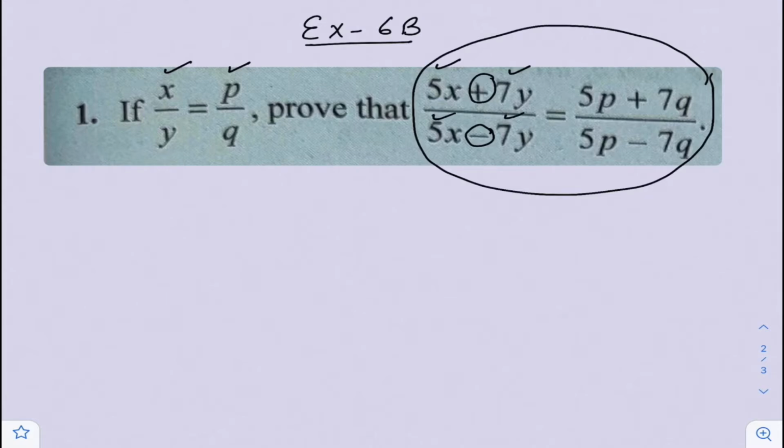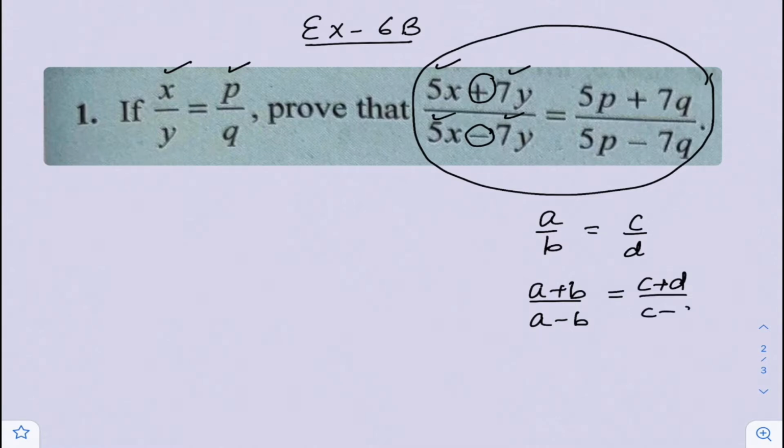I think this is matching with the componendo and dividendo rule. What is componendo and dividendo? Just now I have told you, but we can revise it once again. If a upon b equals c upon d, then a plus b upon a minus b equals c plus d upon c minus d. This is componendo and dividendo.